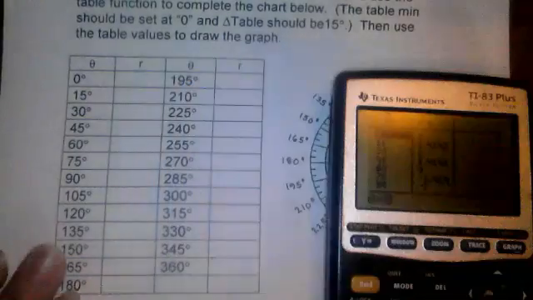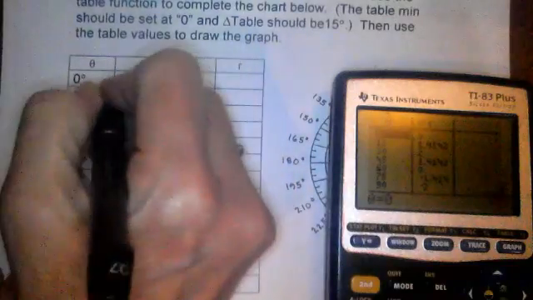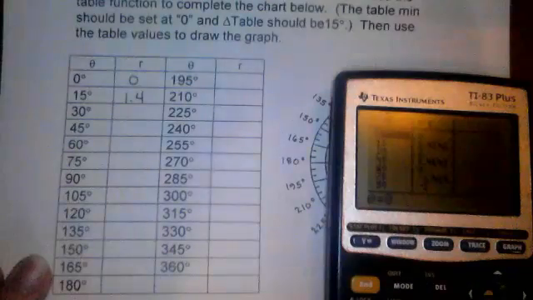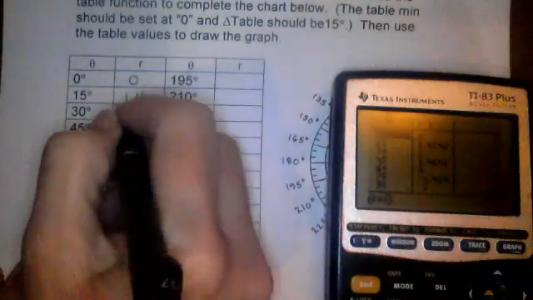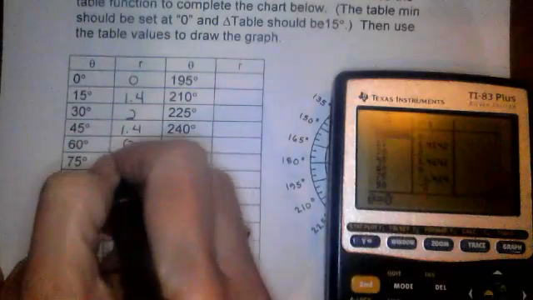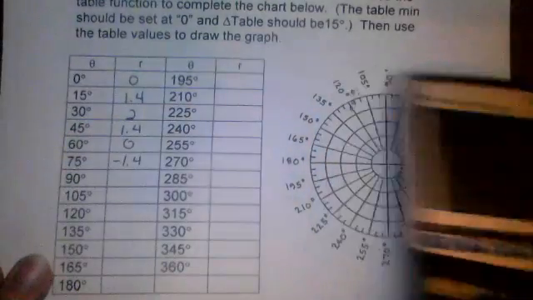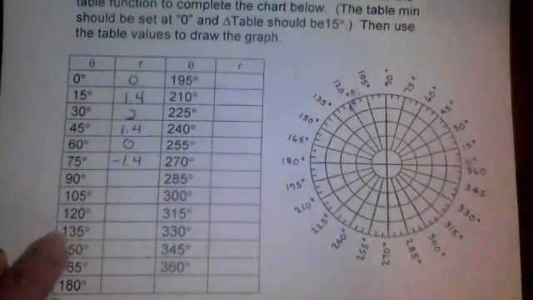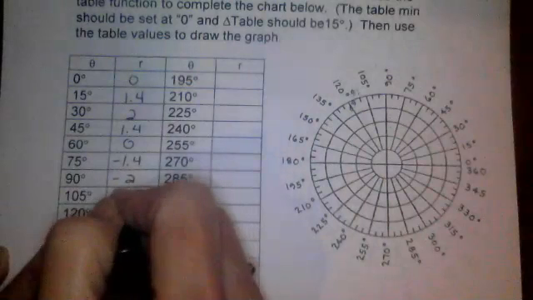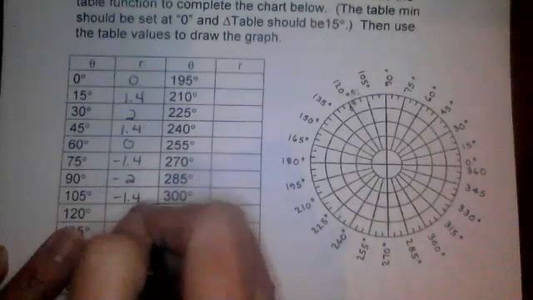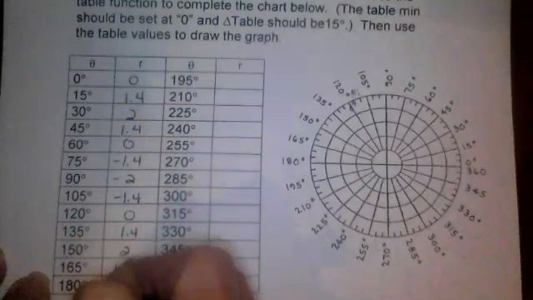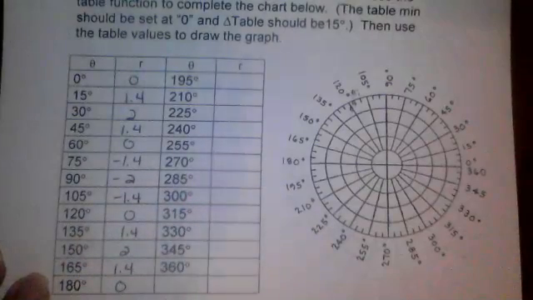So at 0, we have 0. At 15, we'll just go one decimal place because we're going to plot them. 1.4, 2, 1.4, 0, negative 1.4. So you can just copy them off of your table. We're going to get negative 2, negative 1.4, 0, 1.4, 2, 1.4, 0.